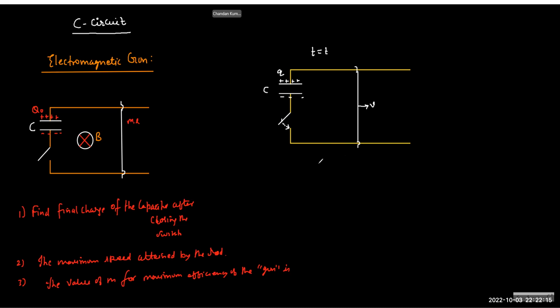Now the first step is writing the circuit relation. This rod will act as a cell of EMF, which we know E is BLV, right? So in this loop, it is like a capacitor and a cell connected in parallel.